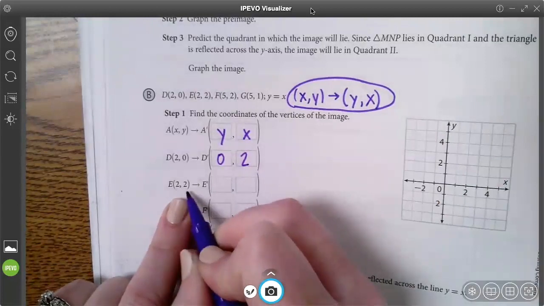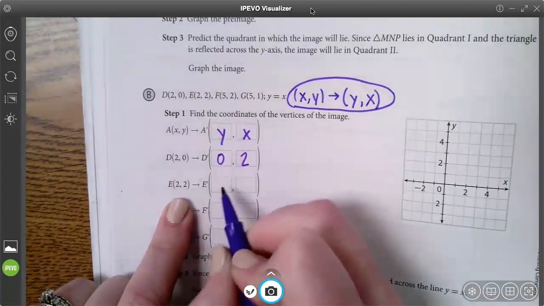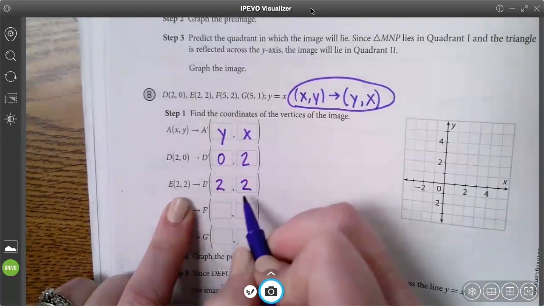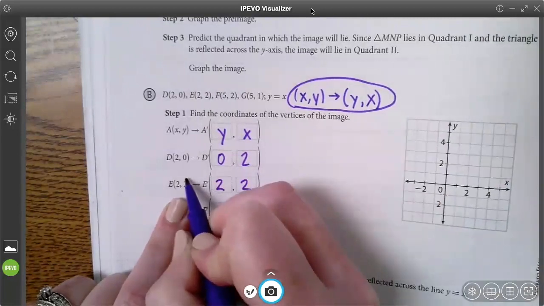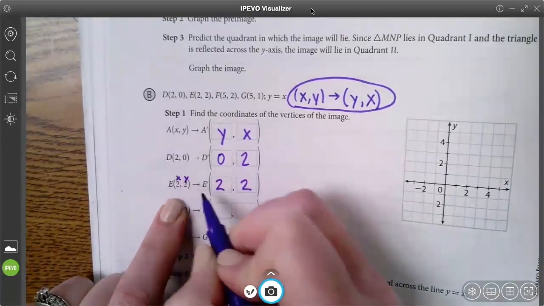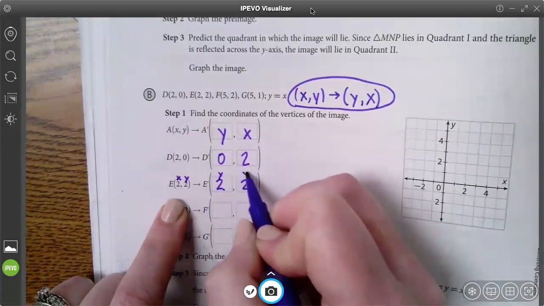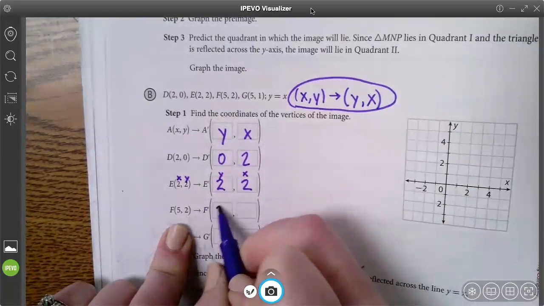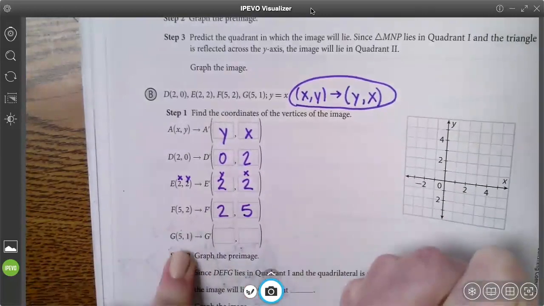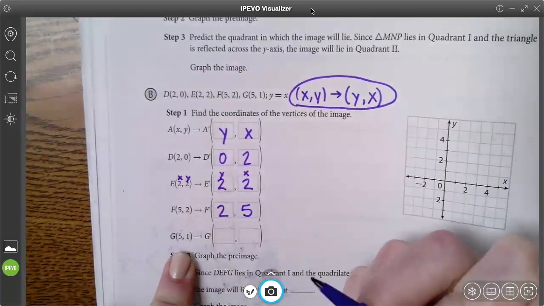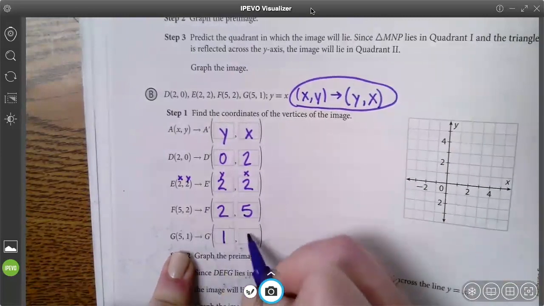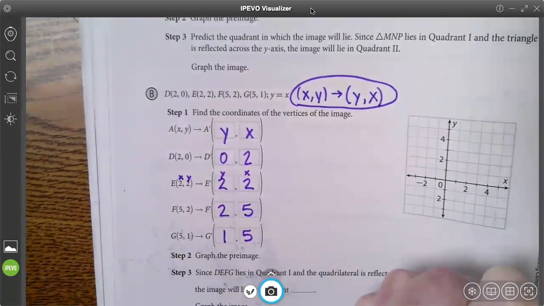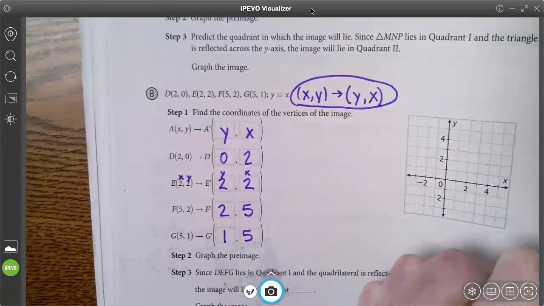E, (2, 2), well, when we switch them, it's still going to be (2, 2), because this is your y, this is your x. Now this one is up here, and this one's in the back. (5, 2) is going to become (2, 5). And (5, 1) is going to become (1, 5). Easy peasy. And then you can graph it.